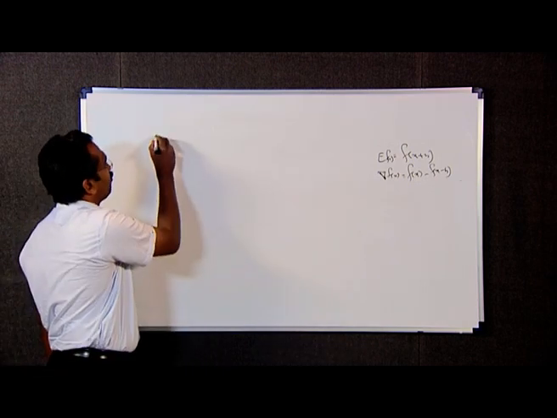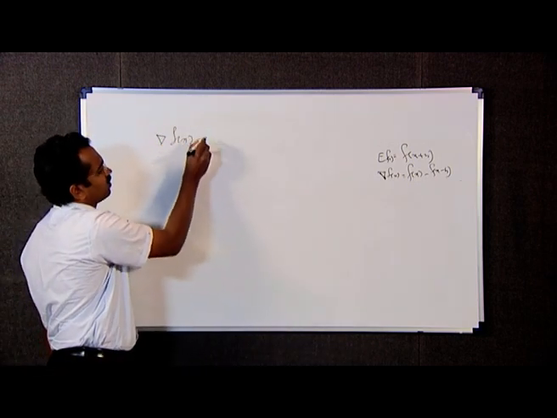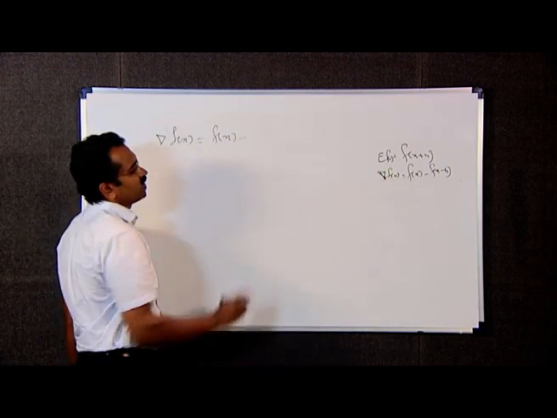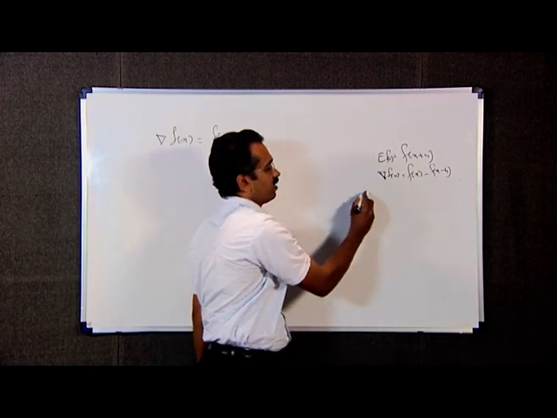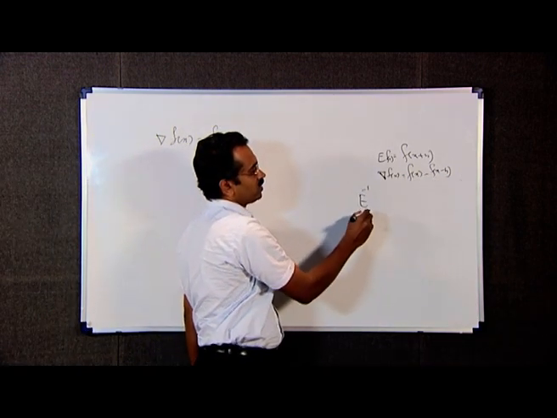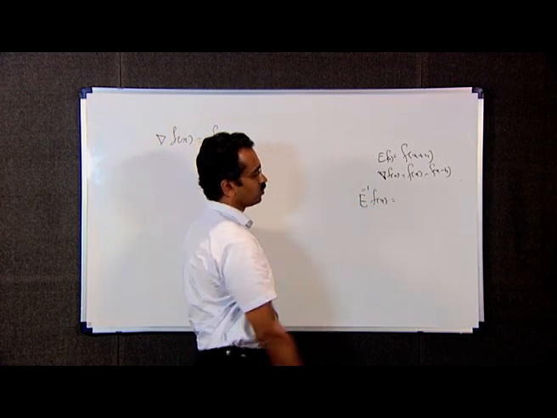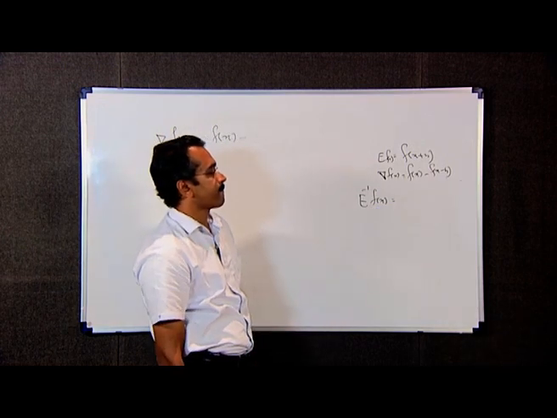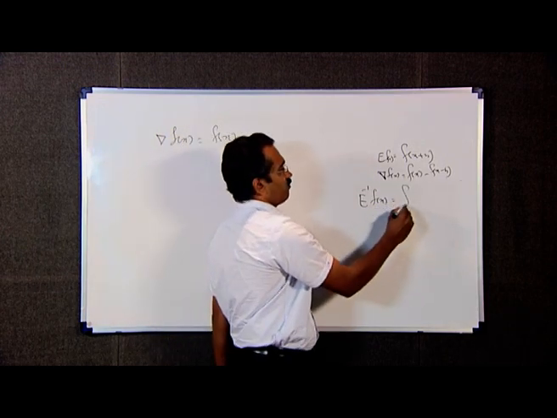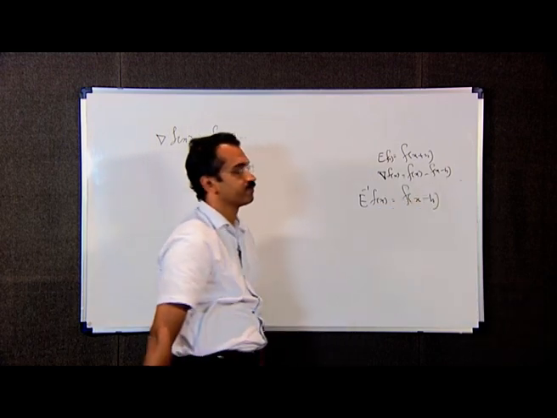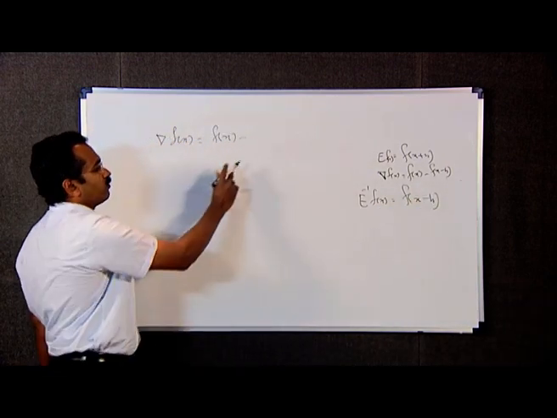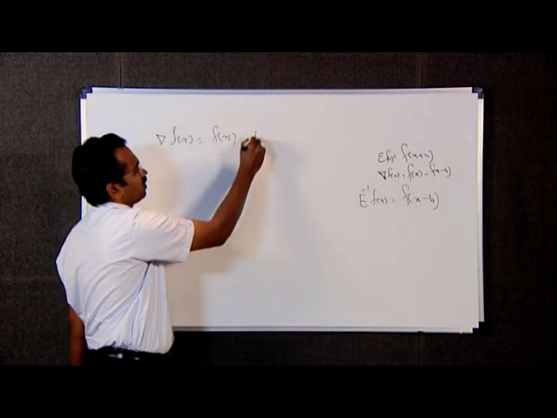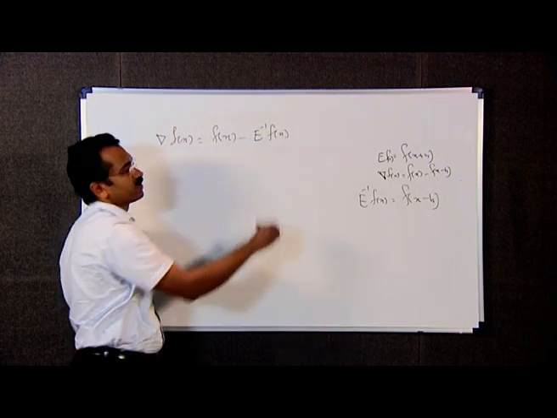Here, we have the identity E inverse f of x is equal to f of x minus h. Therefore, this del f of x is equal to f of x minus E inverse f of x.